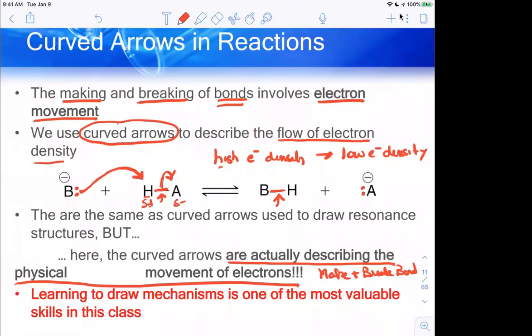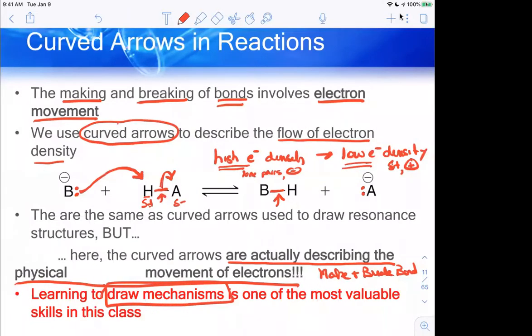And I'm going to go from high electron density to low electron density. So high electron density is going to be lone pairs and negative charges. Low electron density is going to be partial positive and positive charges. That wants electrons in order to balance out those partial positives.